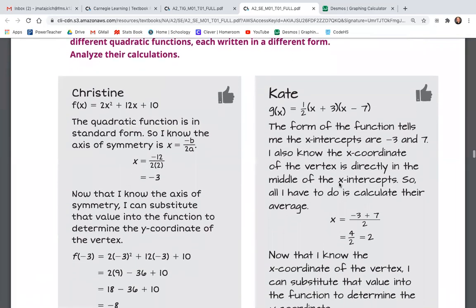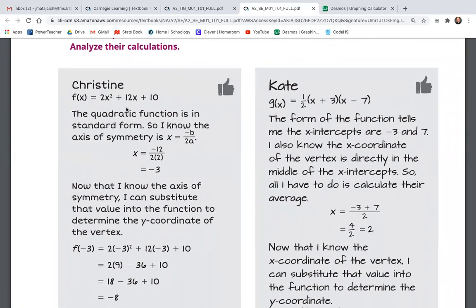So what I'm just trying to say here is that even if you start in standard form or factored form, you can still find the axis of symmetry. So these 2 formulas are actually going to be very important later on in the week. This, x equals -b over 2a, and this, where you find the average of your x-intercepts.